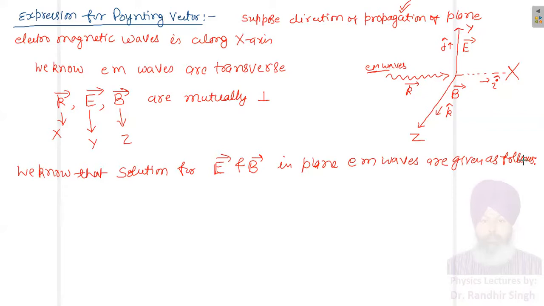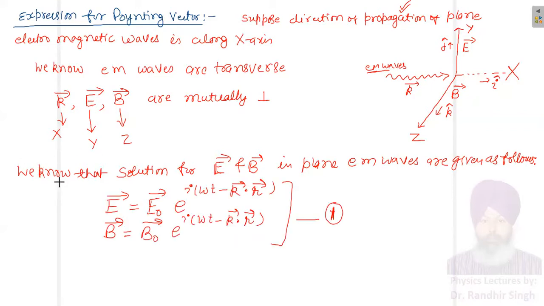These are the expressions for electric and magnetic field vectors in a plane electromagnetic wave. Kindly remember omega equal to 2 pi nu, which is also equal to 2 pi upon capital T, is the angular frequency of electromagnetic waves. Nu is the frequency of the electromagnetic waves. T is the time period. You should remember these things.